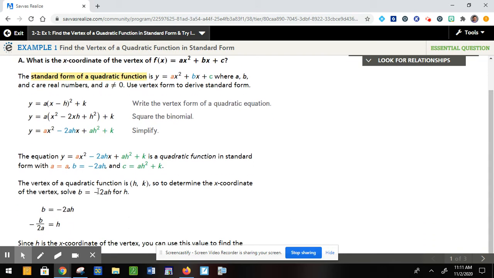What they're doing is figuring out that the B value is equal to negative 2AH. Remember, H is the x-coordinate of the vertex. If we solve negative 2AH equals B for H, you get negative B over 2A.